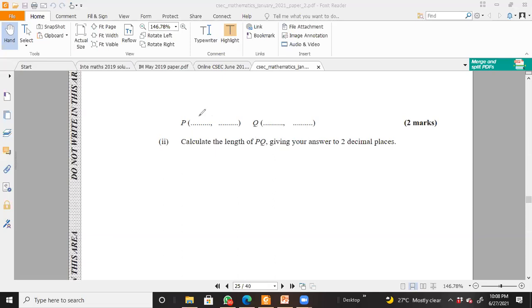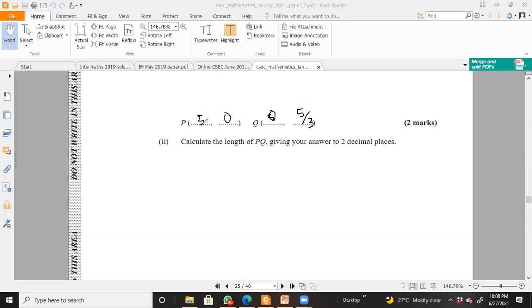What's the coordinate for P again? 5 and 0, yes. For Q, we got 0 and what? 5/3. Now, they asked you to find the length, right?